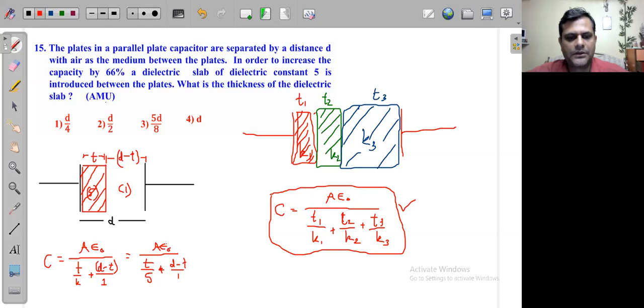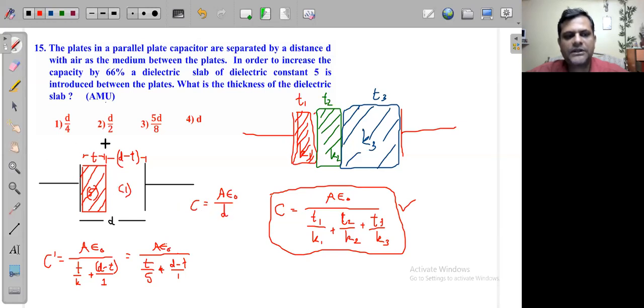Okay, but this is the value of new capacitance. Okay, and the value of original capacitors is going to be given by the formula C is equal to, जब एयर फील्ड कैपेसिटर था तो उस समय उसका वैल्यू कितना था, तो वो रहता A एप्सिलॉन नॉट अपॉन D सिंपली. तो ये जो वैल्यू है वो ओरिजिनल कैपेसिटर का वैल्यू है.